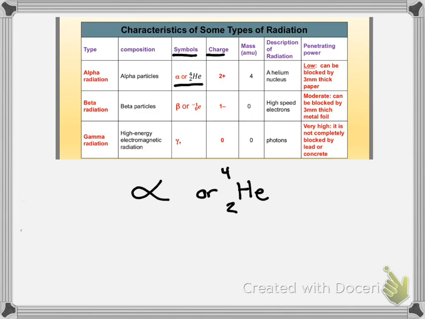The charge of alpha is +2. The mass of alpha is 4. The description of alpha is a helium nucleus. You can see here in the symbol, this is the symbol of helium. So alpha is not a helium atom, but just the helium nucleus. Please make sure you copy this into your notebook.